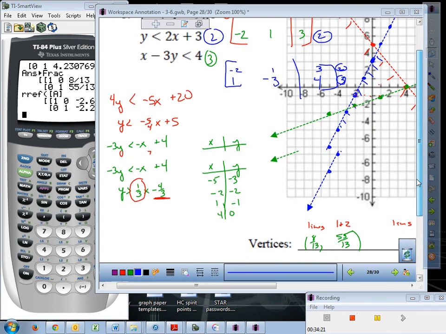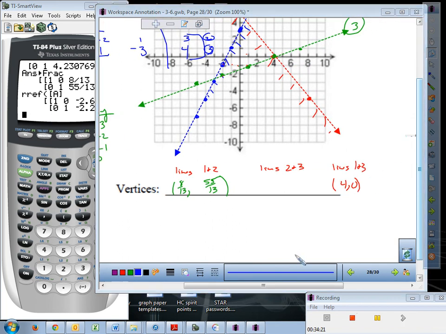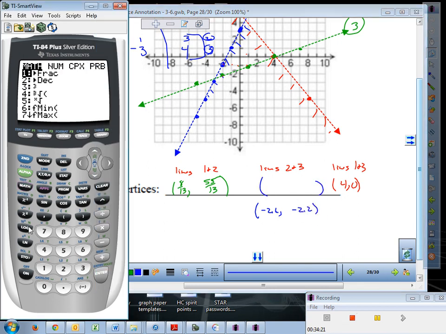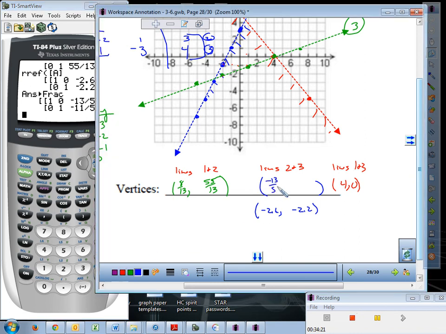So I'm going to say at -2.6, -2.2, and then as the fraction, I'll math enter that, and it'll tell me it was at -13/5, -11/5. Once you learn how to use this calculator, it'll be the greatest thing you've ever bought in your whole life, math-wise.